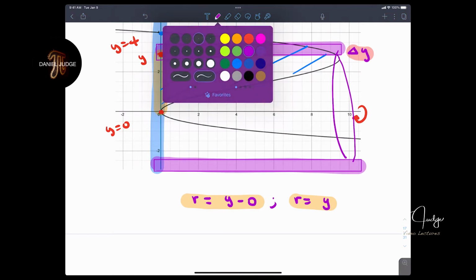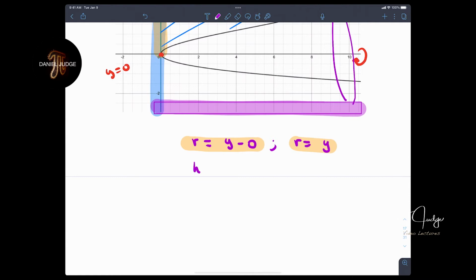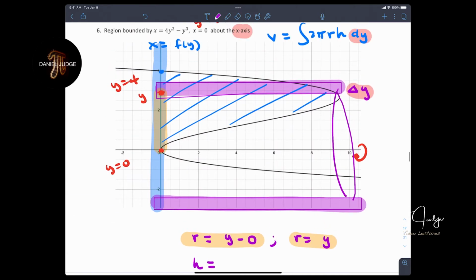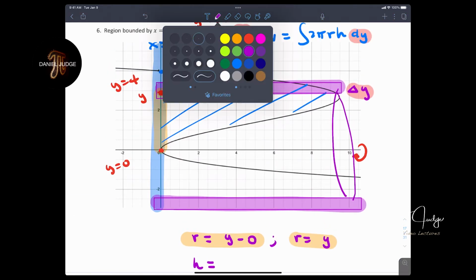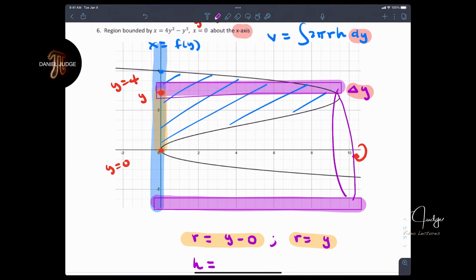And the height now. So your height will be, essentially, if we can see it, here to here, that green distance. It's not a perfect picture, but something like that.